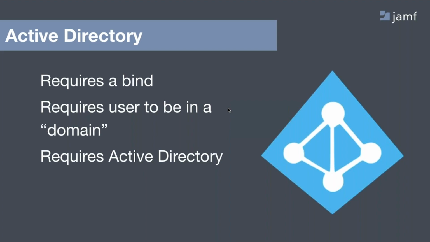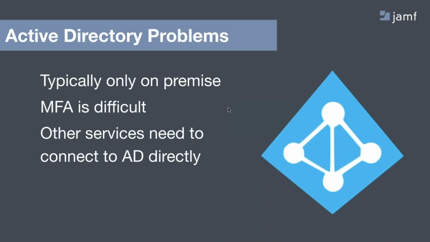And this goes without saying, but it does require Active Directory. To have Active Directory in your environment typically requires a certain skill level to be able to manage it, set it up, and configure it. Active Directory has a lot of moving pieces, which can be very powerful, but can also require some effort to keep in working order.